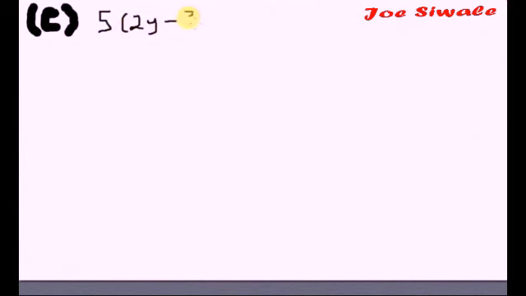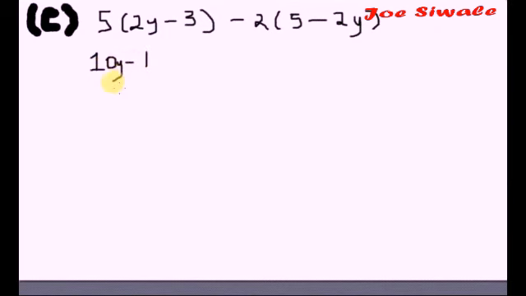So the question is 5 open bracket 2y minus 3 close bracket minus 2 open bracket 5 minus 2y close bracket. So this question says we need to simplify this expression. So the first thing is to open up the brackets.